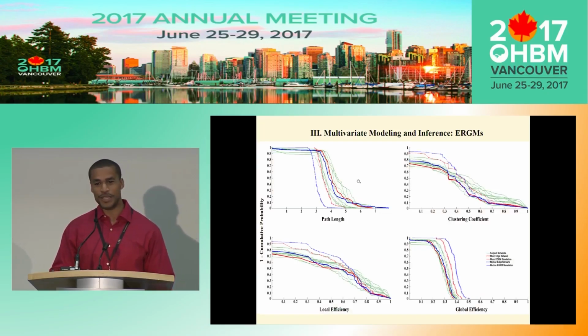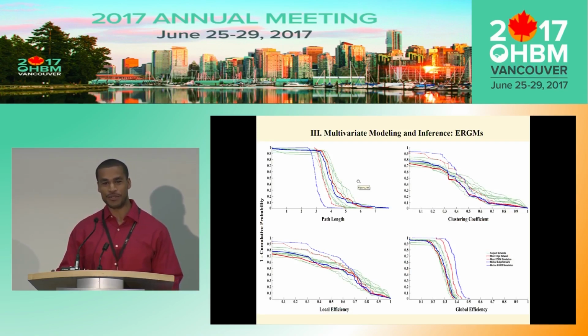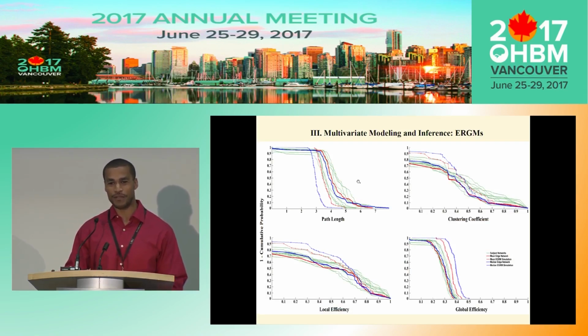But this ERGM-based approach allows you to both capture the average topological properties of the group and the distributions of those properties. So here we have a figure that illustrates that, where we have distributions for 10 subjects in the green for path length, clustering, local efficiency, and global efficiency.